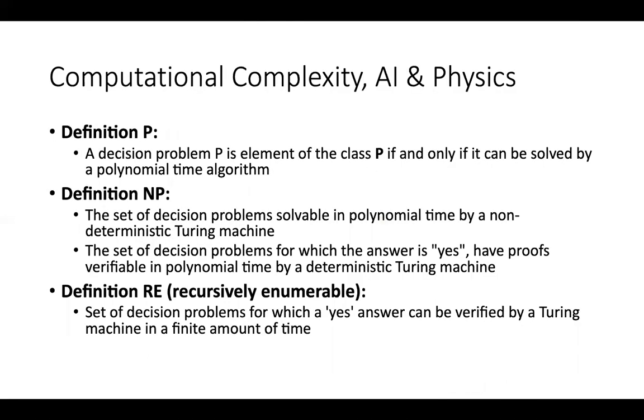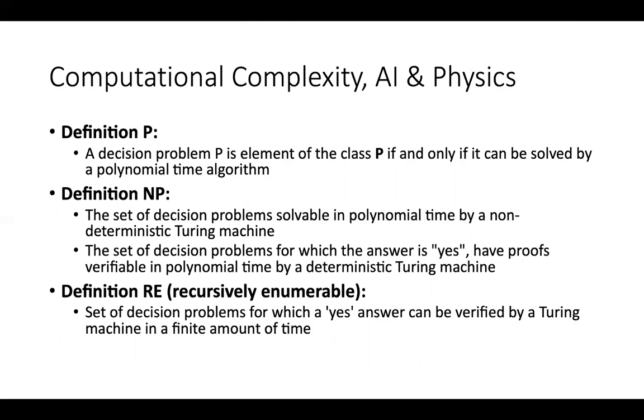So there are a few which require special mention. A class of problems which can be solved in polynomial time are what are known as the complexity class P, and ones which can be solved in polynomial time by non-deterministic Turing machines are what are known as the complexity class NP.